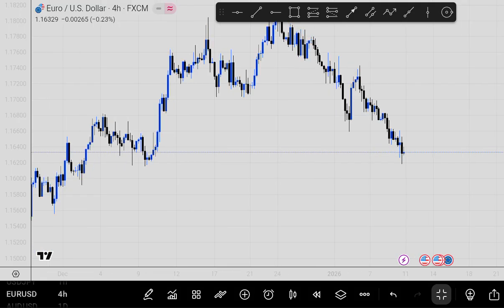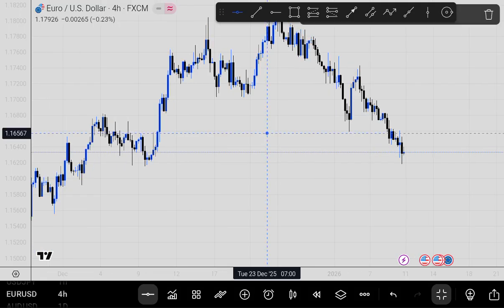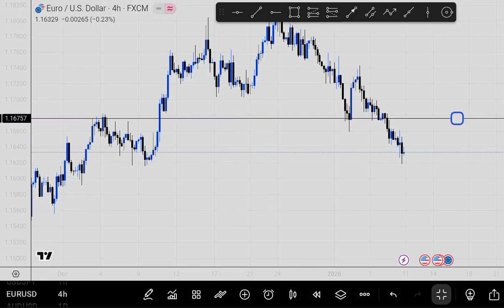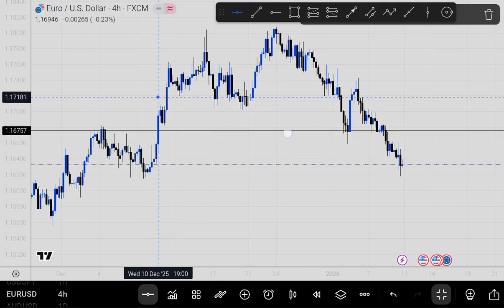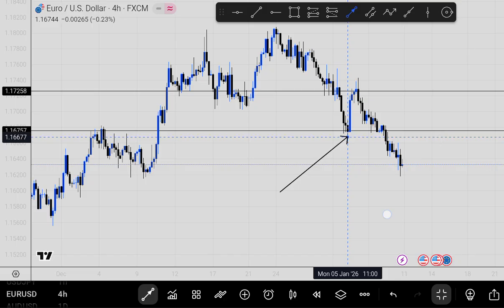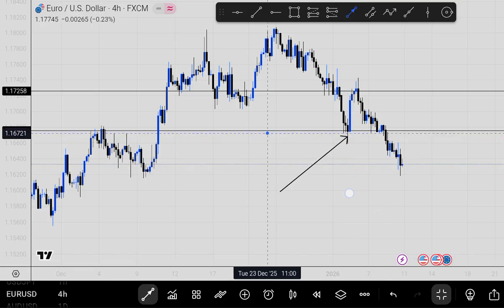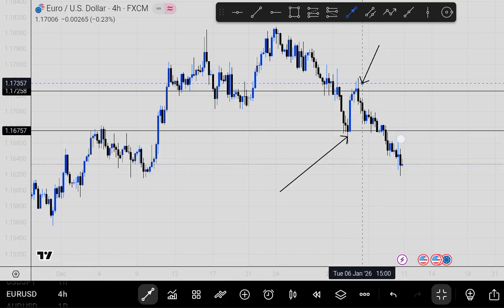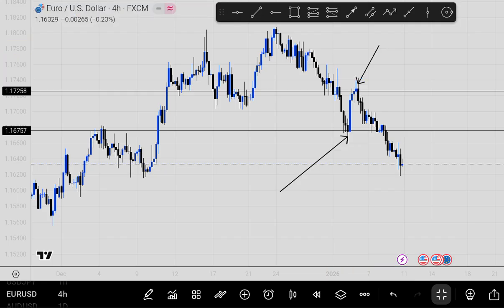You can see this is our turning point of the market. This is also a turning point, and this is also our reversal of the market. This side, this is our reversal or a turning point of the market. This is also a turning point of the market.